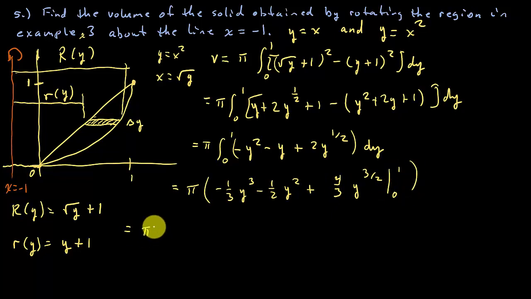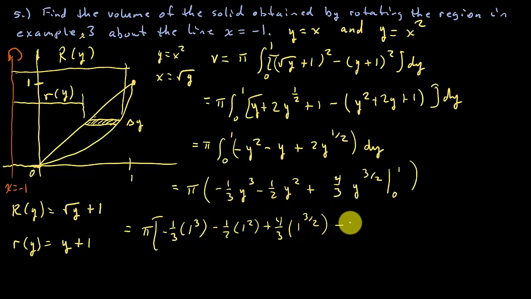So this is pi times negative 1/3 times 1 cubed minus 1/2 times 1 squared plus 4/3 times 1 to the 3/2, minus what I get when I plug in the 0, which is 0. Plug all that into my calculator, or do it out by hand, and it equals pi over 2.